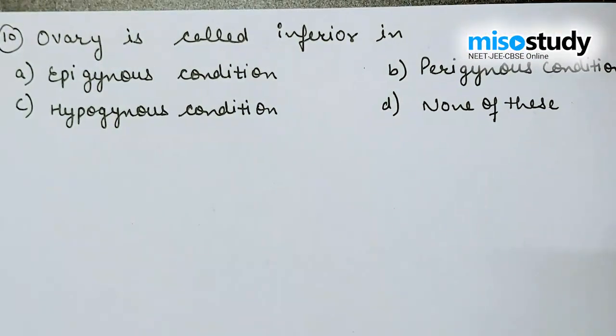The next question is, ovary is called inferior. The different kinds of ovary, as we discussed in the chapter: ovary may be superior, ovary may be inferior. And what is the condition in which ovary is inferior? Option A, epigynous condition, B, perigynous condition, C, hypogynous condition, and D, none of the above.